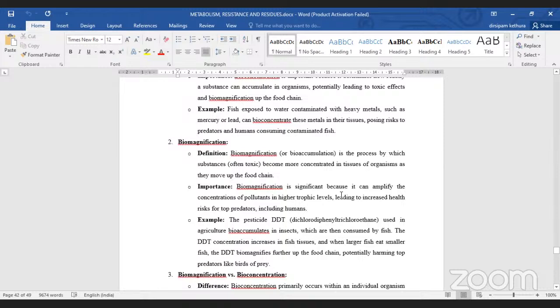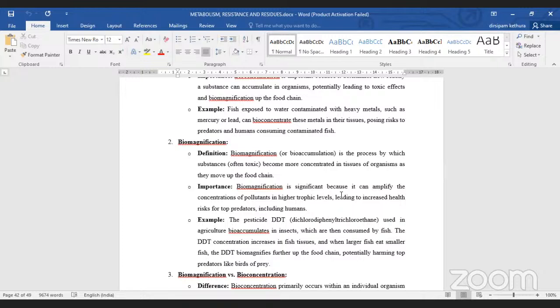Example, fish exposed to water contaminated with heavy metals such as mercury or lead can bioconcentrate these metals in their tissues, posing risk to predators and human beings who are consuming contaminated fish. That is called as bioaccumulation. This is one of the examples.